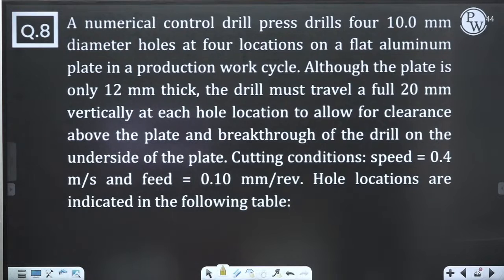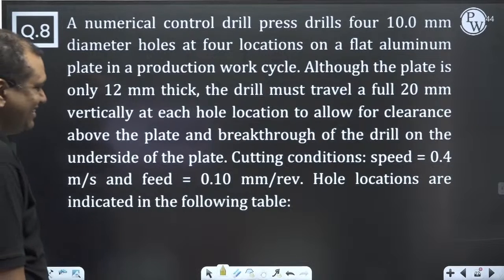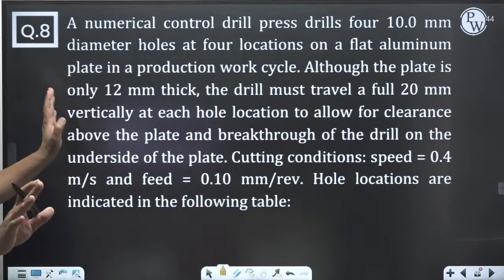Read the problem. Milton C. Shaw. Okay, let us read the problem.